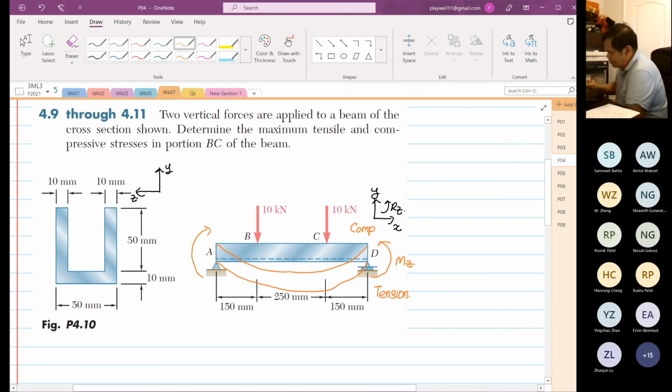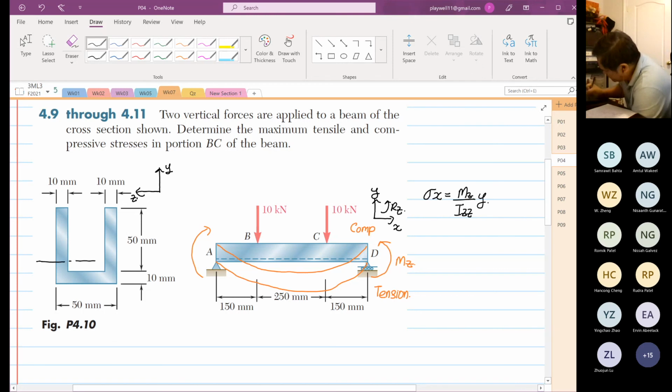And then we know that the formula we're going to apply is stress in the X direction is equal to Mz over Izz, multiplied by y. So we are interested in the moment about zz.